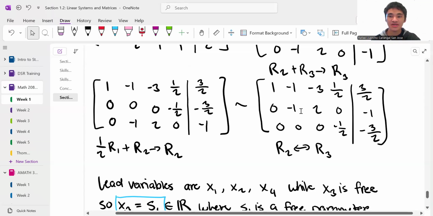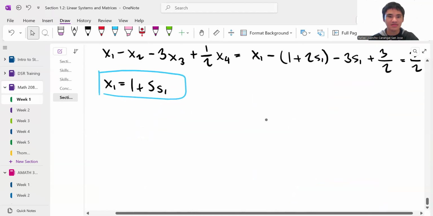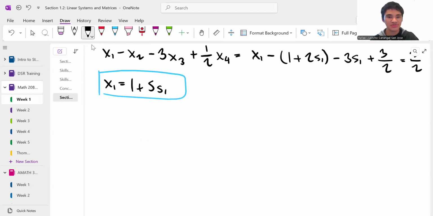It's to the left of leading variable of a column, to the left of the leading variable below it. I still can't get over that definition. But we don't have anything for the other property because we don't have an all zero row. Okay. So yeah, that's it. Infinite solutions. That's all we can say about it.